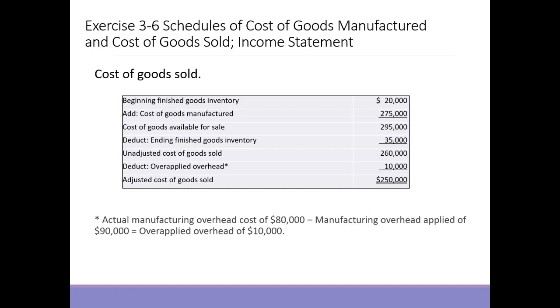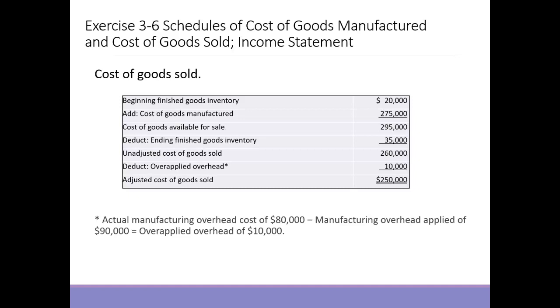Then, in this case, since we over applied our overhead by 10,000, we're going to adjust our cost of goods sold. We over applied overhead. So, since we over applied overhead, we assumed the cost of goods sold were greater than what they really were.